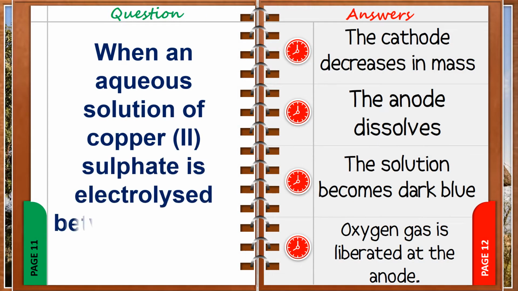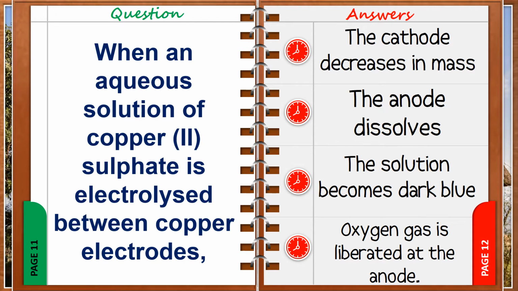When an aqueous solution of copper(II) sulphate is electrolyzed between copper electrodes, the solution becomes dark blue.